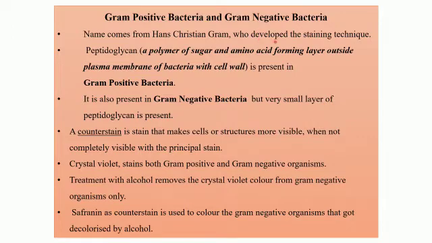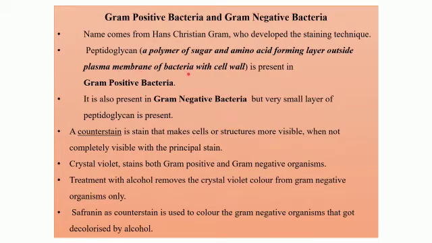So we are going to study the staining technique in brief. And apart from this technique to distinguish between the two types of bacteria, there is also the peptidoglycan layer. Now peptidoglycan is a polymer of sugar and amino acids forming a layer outside the plasma membrane of bacteria, within the cell wall.